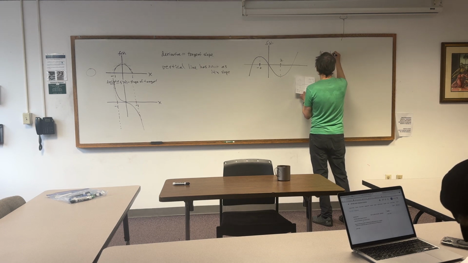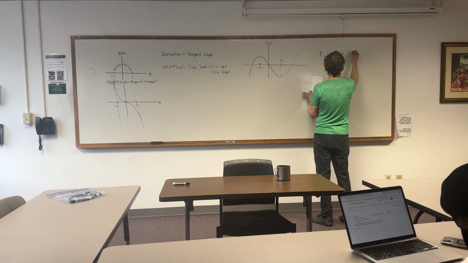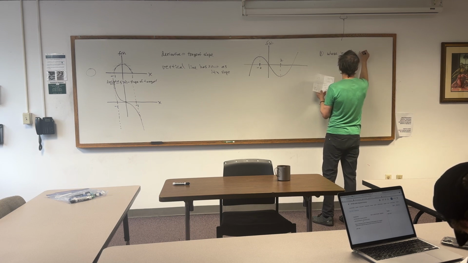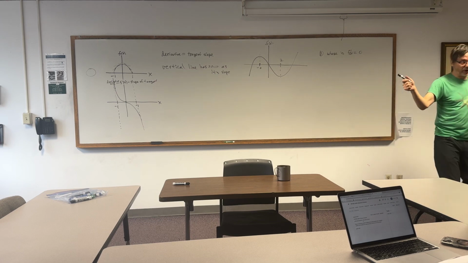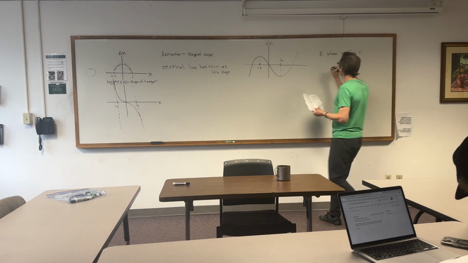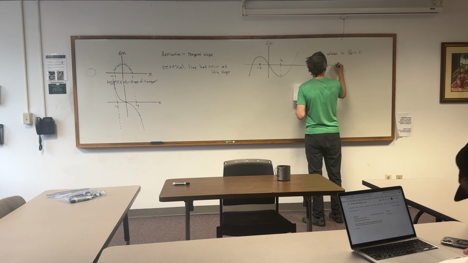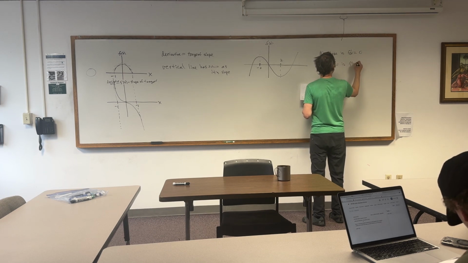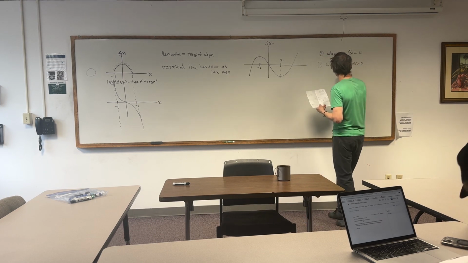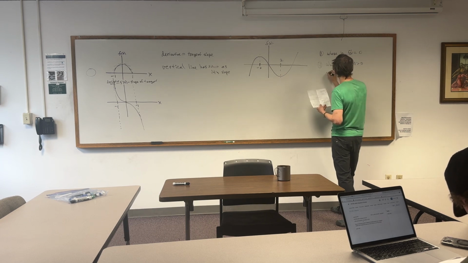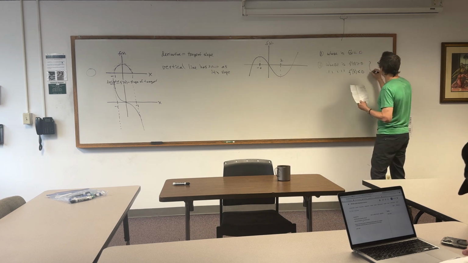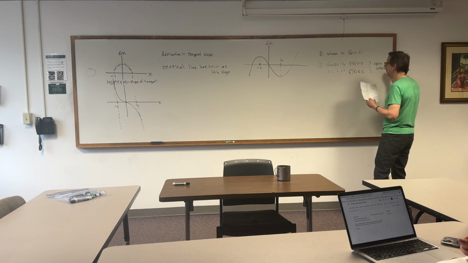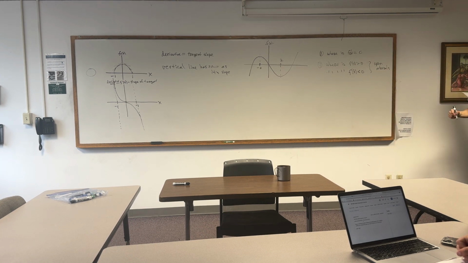One is, where is f prime equal to 0? So what x values give me a 0 slope? Step 2 is, where is the derivative positive and where is it negative? And these are going to be open intervals, so let's use open interval notation for that. Let's try that.